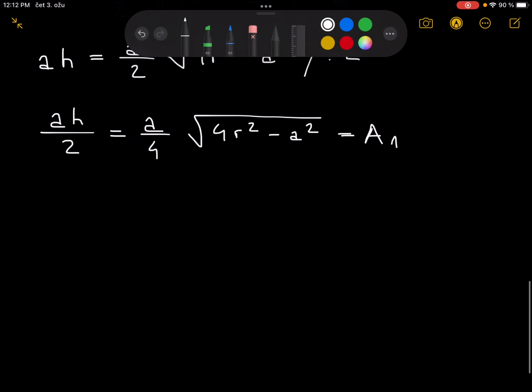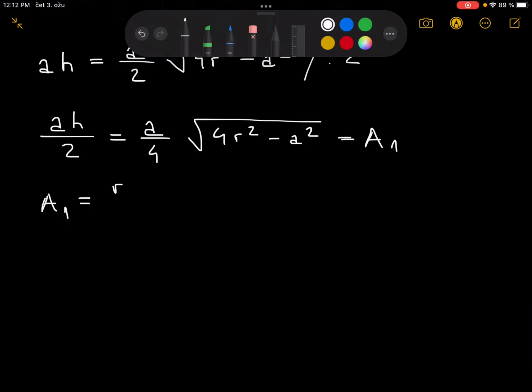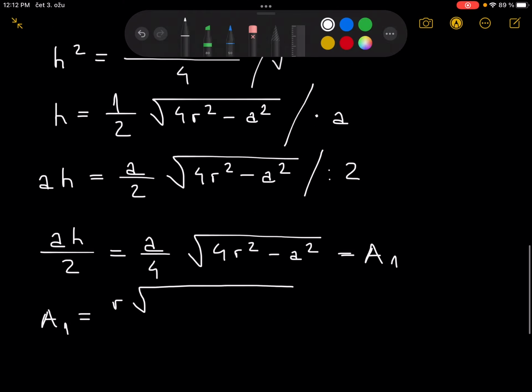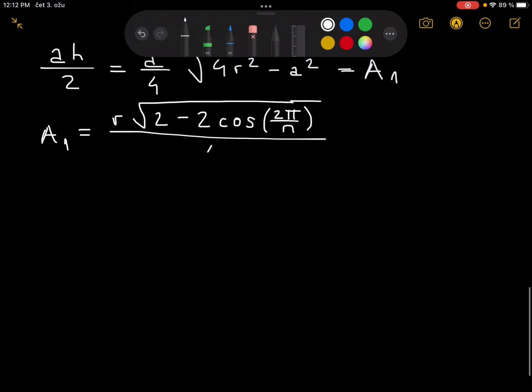So A1 is from here equal to a, which is just r times the square root of 2 minus 2 times the cosine of 2 pi over n. And of course, everything's divided by 4.